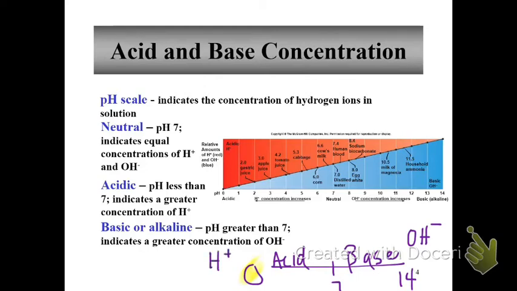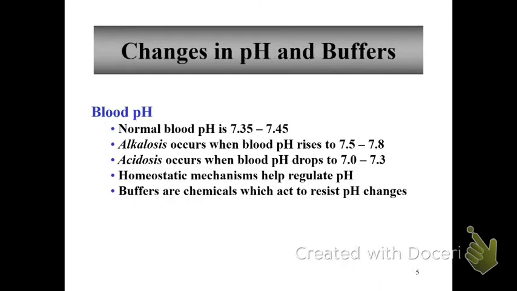The word ion just means a charged particle. pH is the concentration of hydrogens in the solution. 7 is neutral, 7 to 0 is acidic, and alkaline, which means basic, is 7 or greater. The pH of blood is about 7.4, so 7.35 to 7.45.